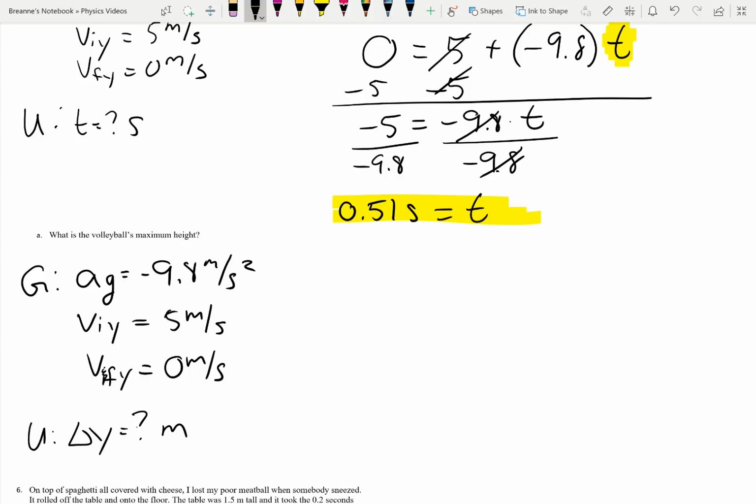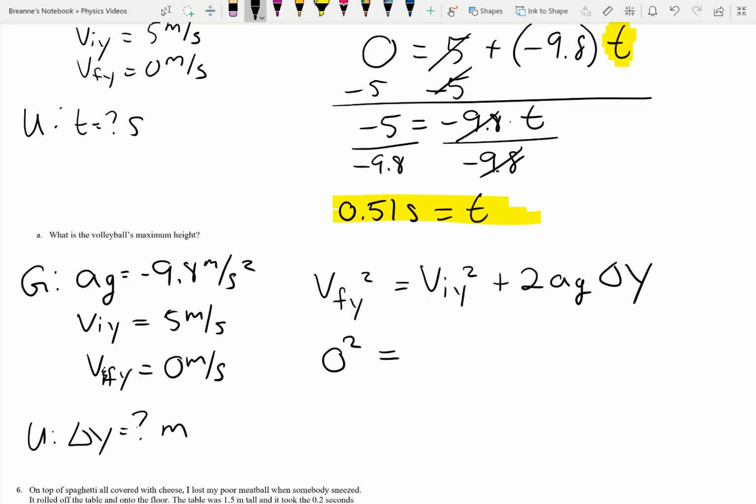The equation you can use for that is VFY squared equals VIY squared plus 2AG delta y. So let's plug in what we got: 0, 5, negative 9.8, delta y.